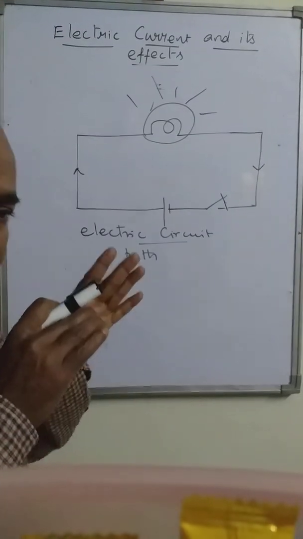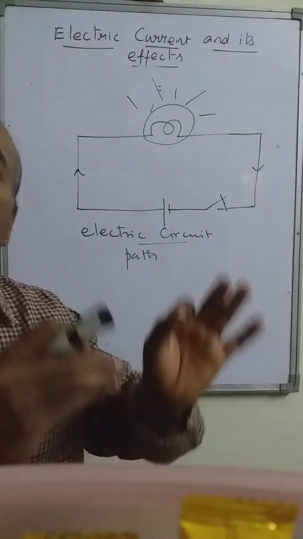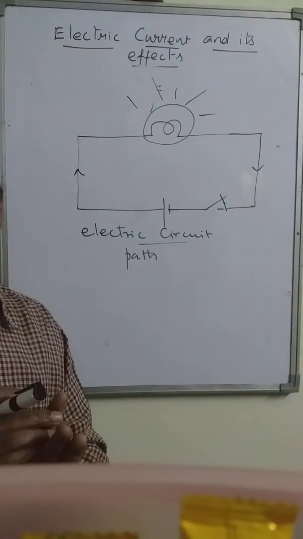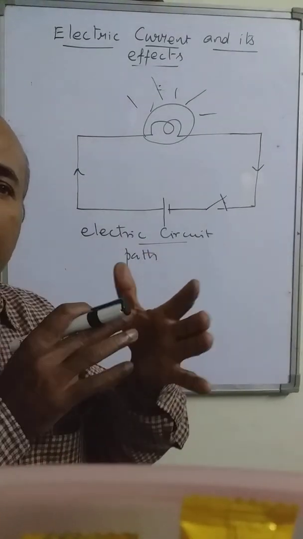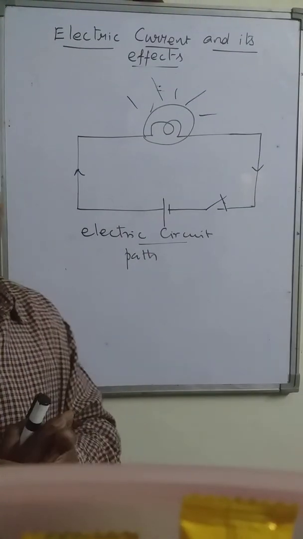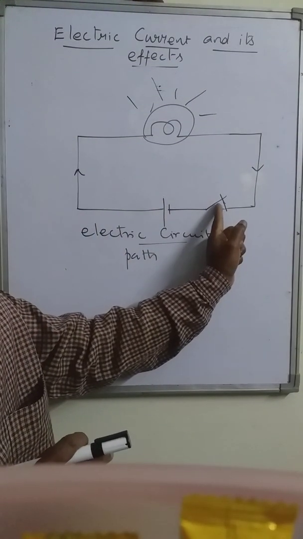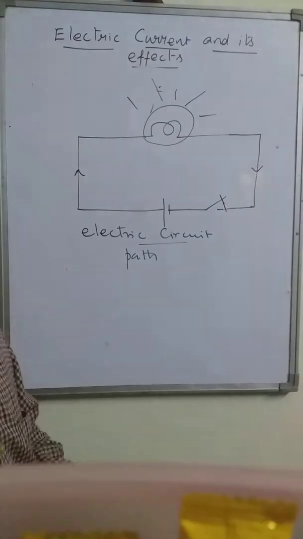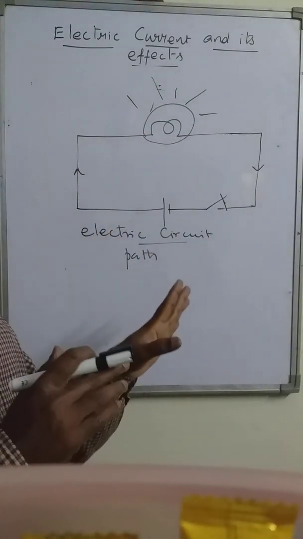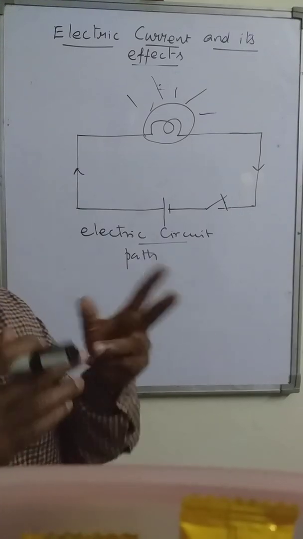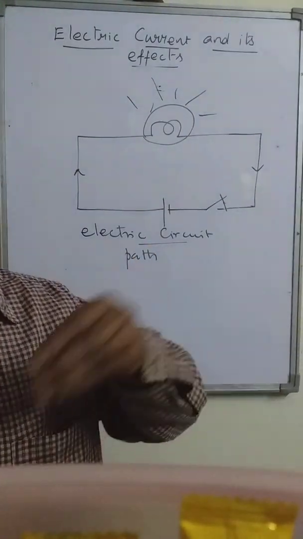Still, if current is not flowing through it, it is also called a circuit, because there is a path, and the path in which many components are joined together. But due to the opening position of the switch, the current is not flowing. Otherwise, it will flow. So that's why we say the electric circuit may be closed circuit or open circuit.